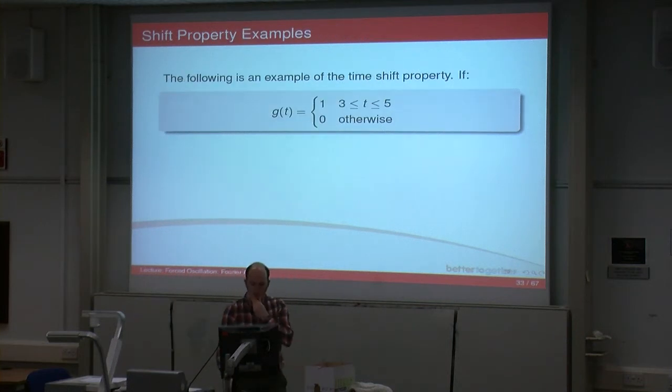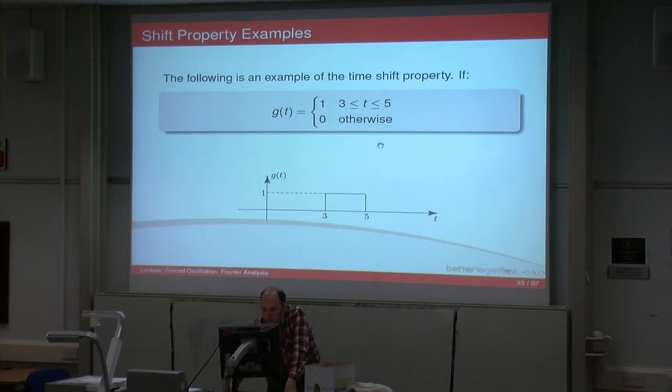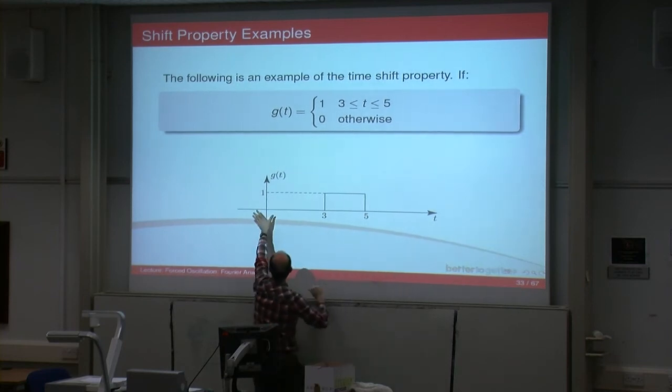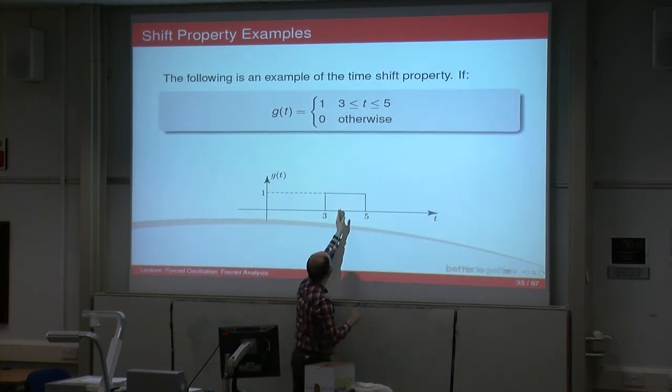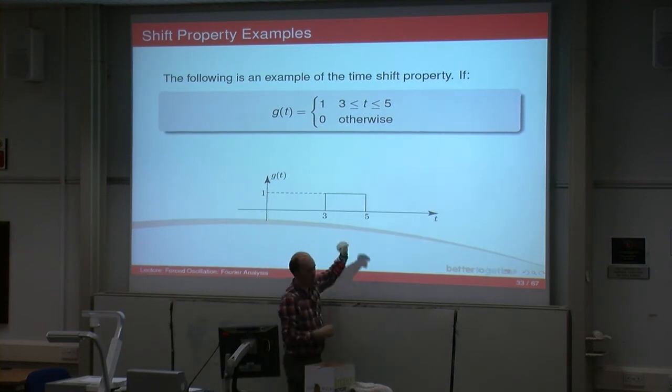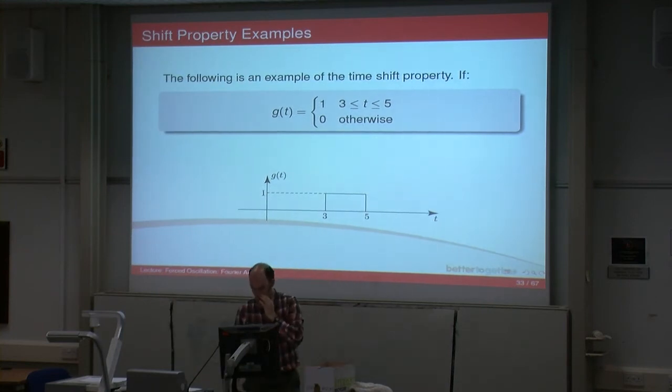So here's a g of t, okay, it's a rectangular function between 3 and 5, which looks like that. So you can see this is a rectangular function, width 2, that's been shifted over by a distance of 4. If it was where t is 0, you can see that the 0 point is now in the midpoint, which is 4. So t0 is 4.